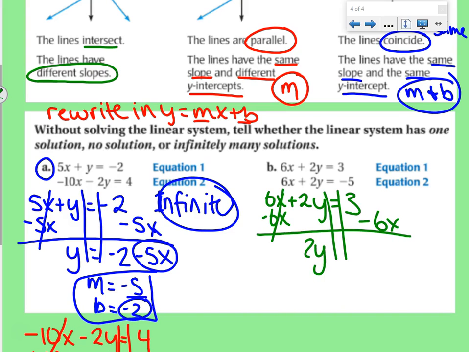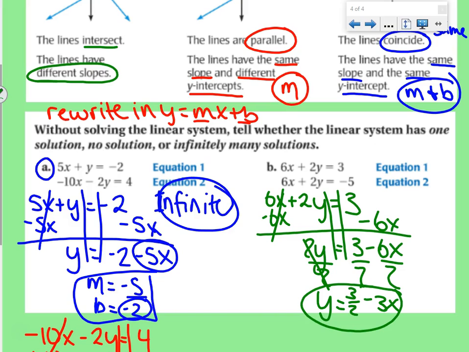We get 2y equals 3 minus 6x. Divide everything by 2. We get y equals 3 divided by 2 is just 3/2, minus 6 divided by 2 is 3x. So that's our first equation. So we can say our m is the number next to x, -3. Our b is 3/2.